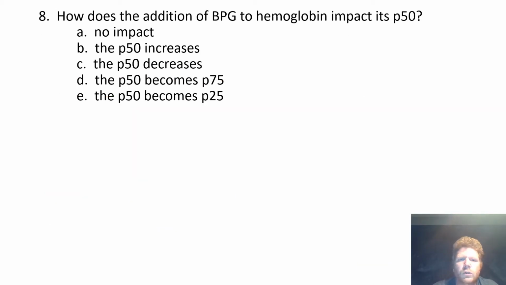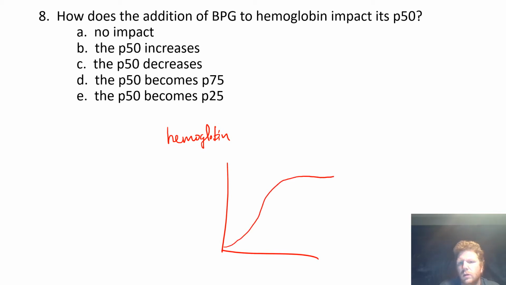Okay, question number 8. How does the addition of BPG to hemoglobin impact its P50? Now, whenever you think about hemoglobin, I want you to think about an oxygen binding curve. And an oxygen binding curve looks a little bit like this in the case of hemoglobin. Now, when it comes to movement of this, we are concerned with it moving to the left or moving to the right.